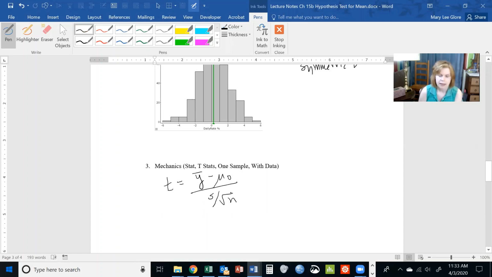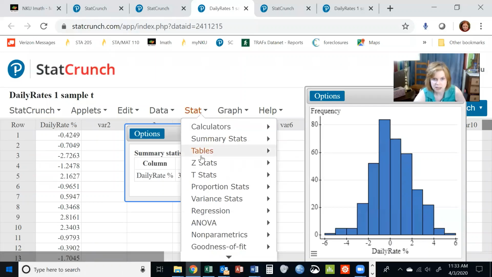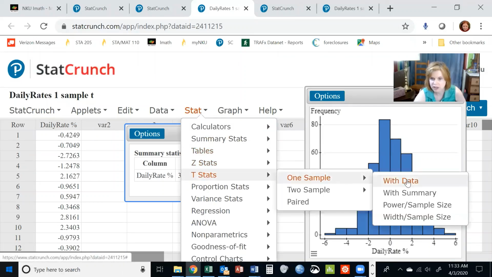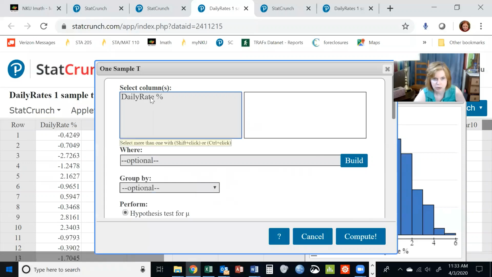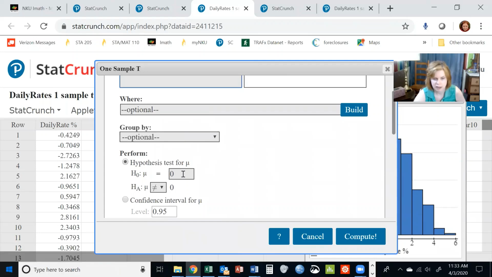At this point, I was given a data set, and I don't know what those values are, so I'm going to run the t-stats in StatCrunch with data, and it'll calculate this for me. All right, let's run it. We're going to do t-stats, one sample, but this time we have data. I pick my data, and I have to pick my hypotheses. The default here is 0, which is what we want, but we wanted to say it doesn't make money, so is the mean bigger than 0.